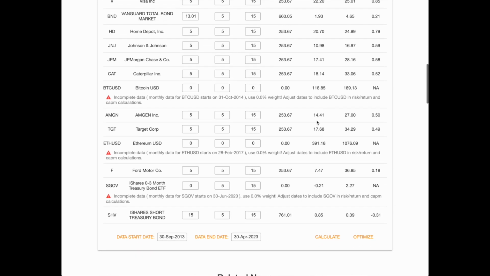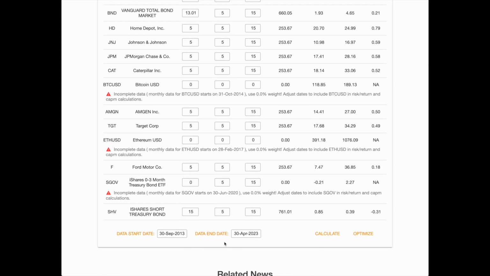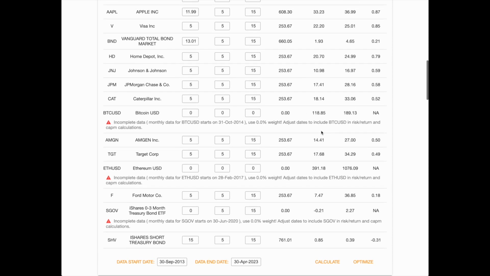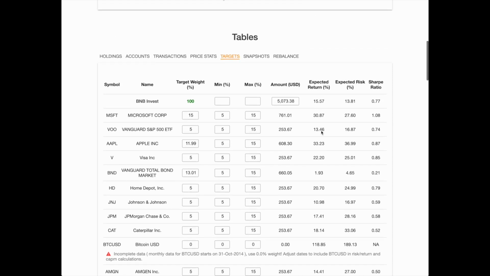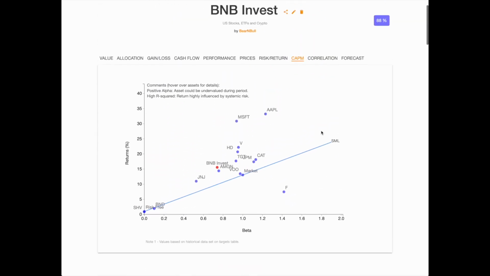So we can set the span of time that we want to consider on the two input fields below the targets table. When we calculate, information on the table is updated and the graph is also regenerated. I'm going to scroll back up to the graph.